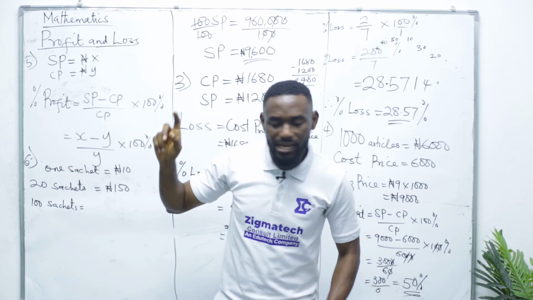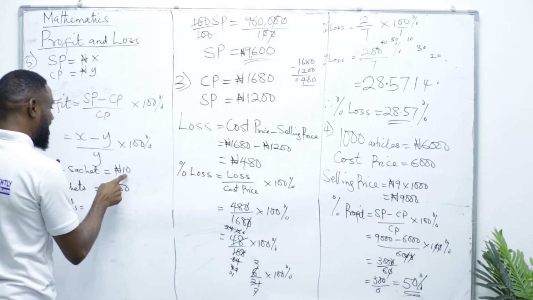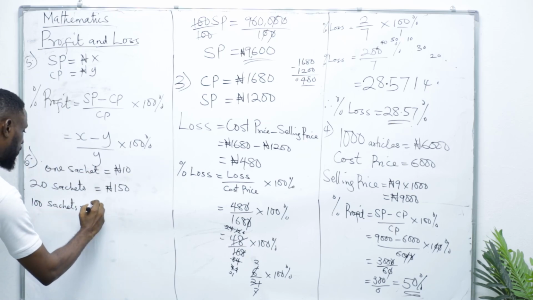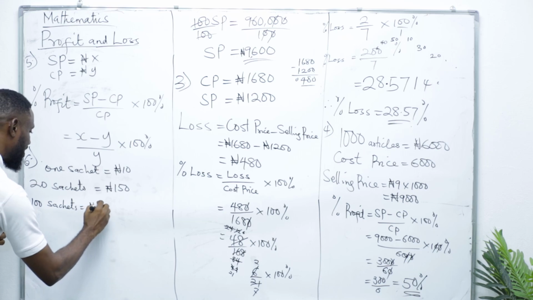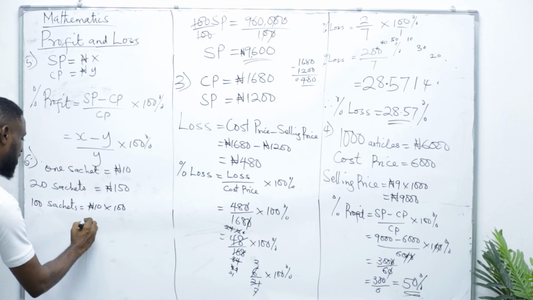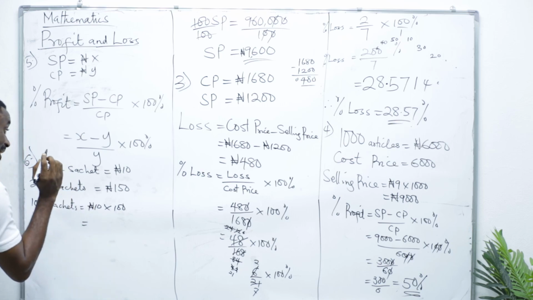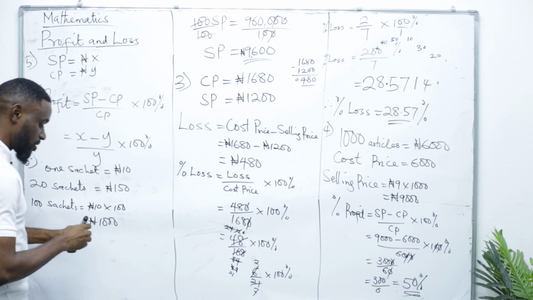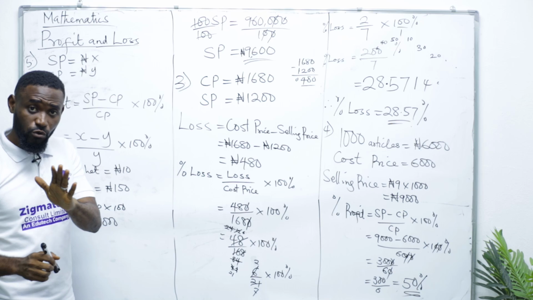It means if one is 10 naira, 100 sachets will be 10 naira times 100. Normally it will be equal to 1,000 naira. Just follow that now.